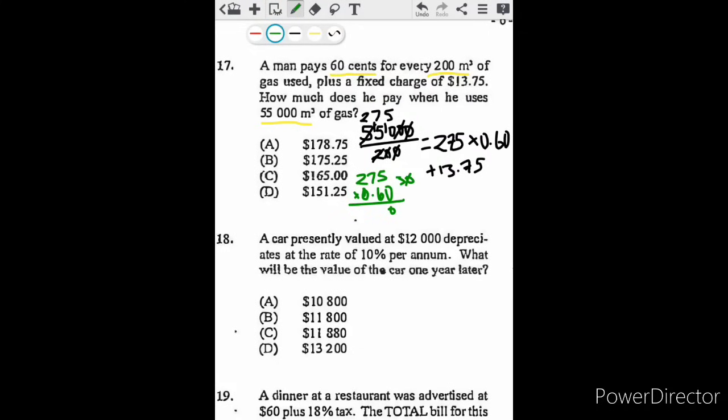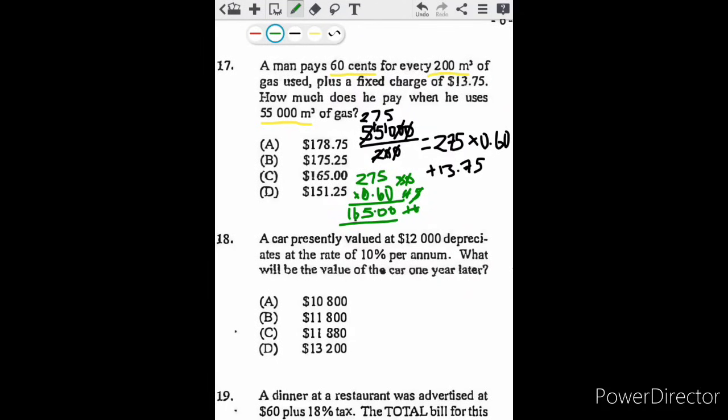We put our 0, then 6 multiplied by 7 would give us 42 plus the 3, which would give us 45. We put our 5, and 6 times 2 would give us 12 plus the 4 would make it 16. And we put the entire 16. We have 2 decimal places, so our answer would be 165.